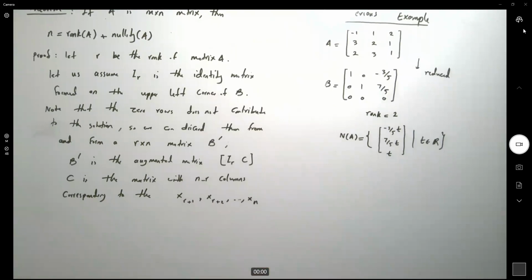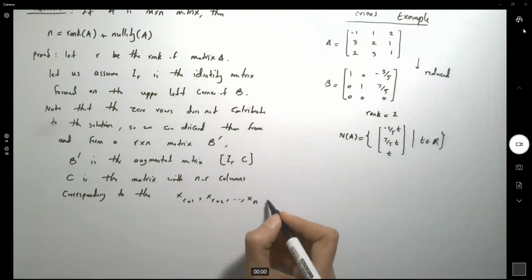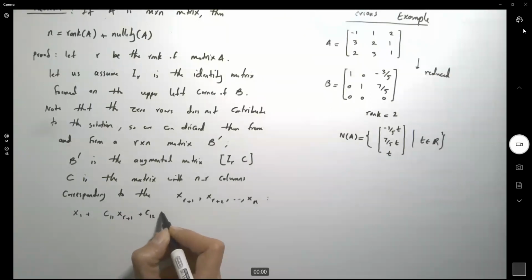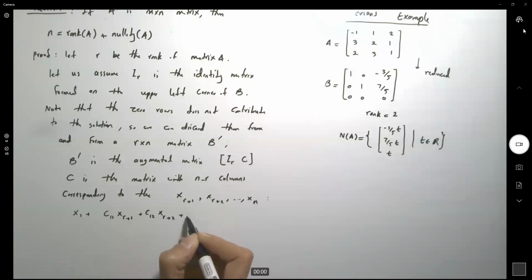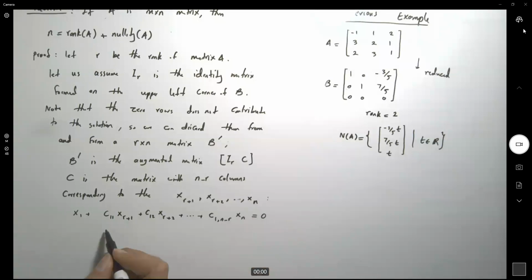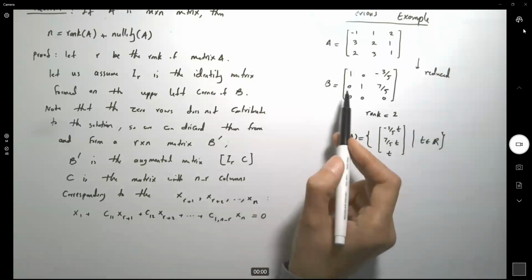So we can write the solution this way. x1 plus c sub 1,1 x sub r plus 1 plus c sub 1,2 x sub r plus 2 plus the rest of the elements, c sub 1, n minus r, x sub n equal to 0. Then we have x2. Just take a look at this.